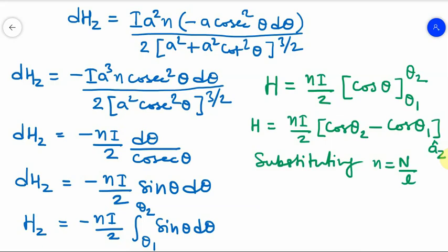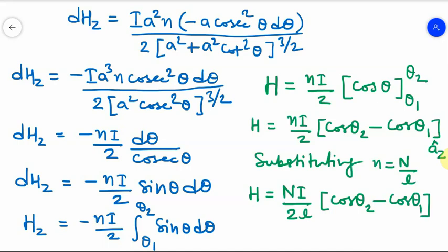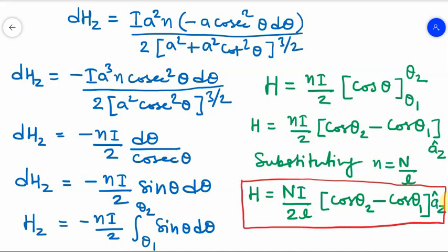So H will be equal to N I upon 2L, and inside the bracket is cos theta 2 minus cos theta 1, and the direction is z. So this is the final expression for magnetic field intensity due to a current carrying solenoid.